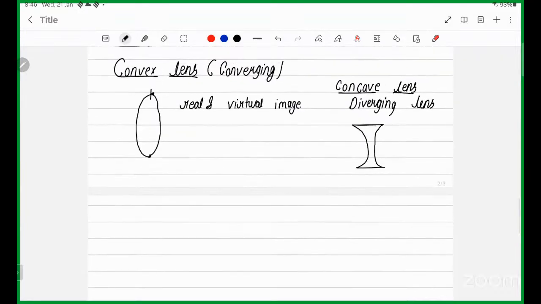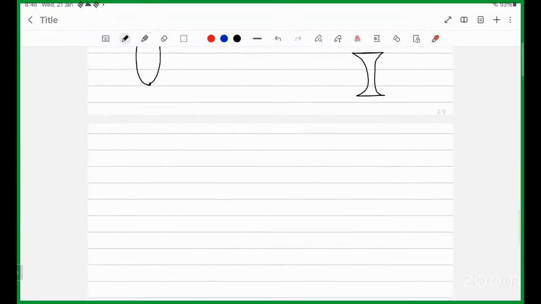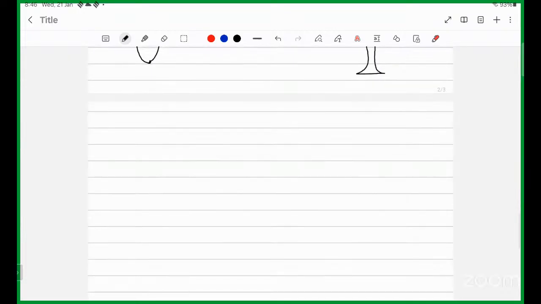It is basically a diverging lens and the image formed by this is always virtual, erect and diminished.